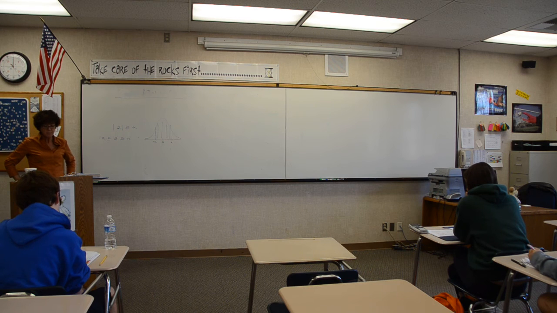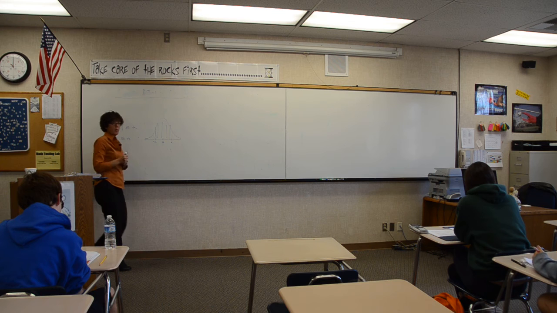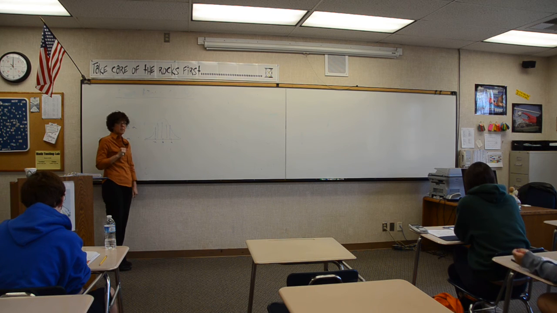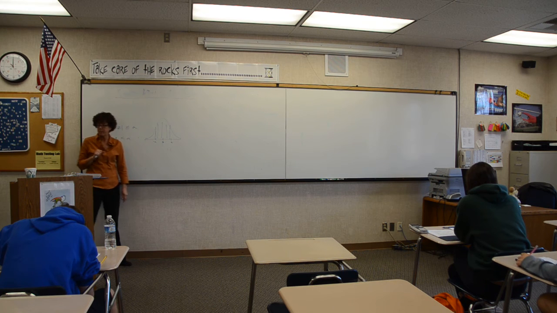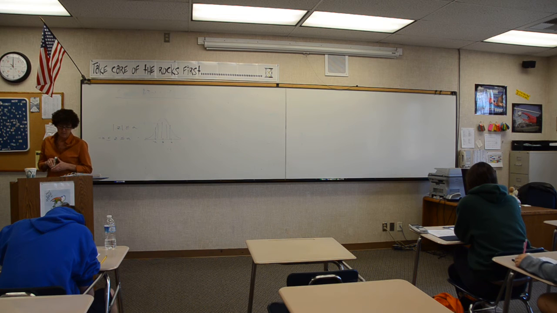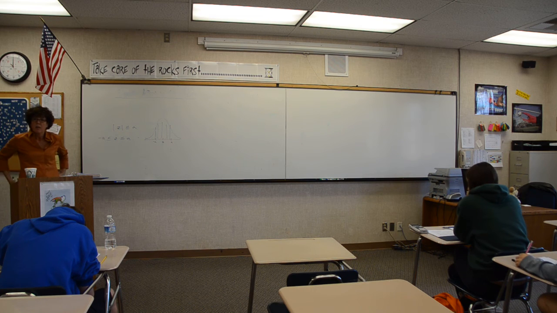So, anyone want to give me a suggestion as to how I do this? Inverse normal. And what are you going to do with that? Plug in 0.75, then comma 0, comma 1 to find a.